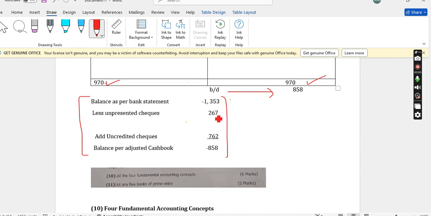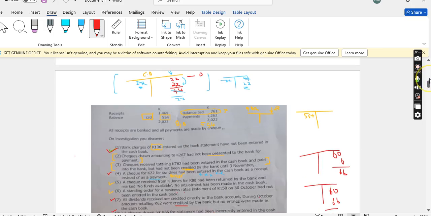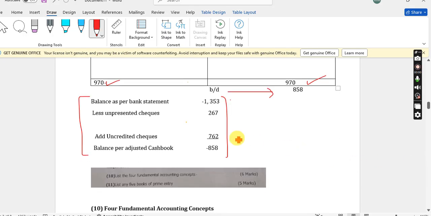Then you look for the transactions which were not recorded in the bank. So we had this transaction: checks drawn amounting to 267 had not been presented to the bank for payment. Unpresented checks. Money was paid out, the bank is not aware. So in our bank statement, you're going to say less unpresented checks, because these represent payments, money going out.